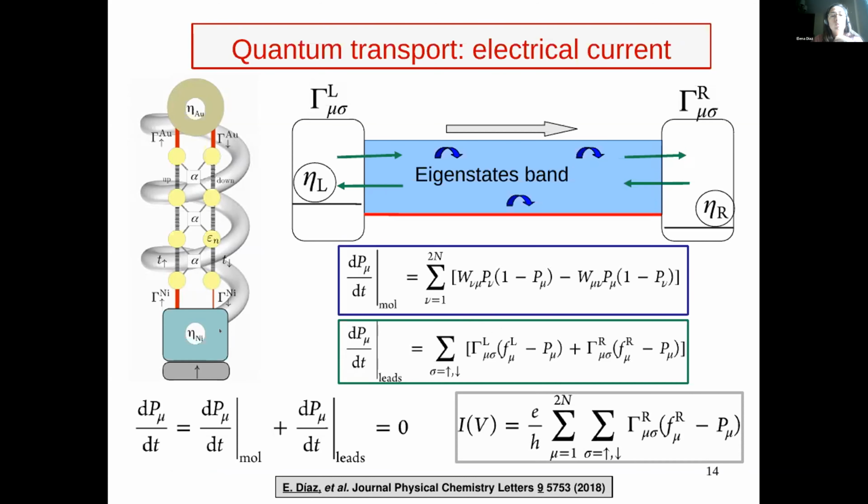So when we want to model the ferromagnetic lead, we will switch on or switch off the particular coupling gamma for a particular spin state to inject only spin up electrons or spin down electrons. We look for the stationary state of these populations, and once we have that, we can get the electrical current as a function of the voltage in the molecular junction.